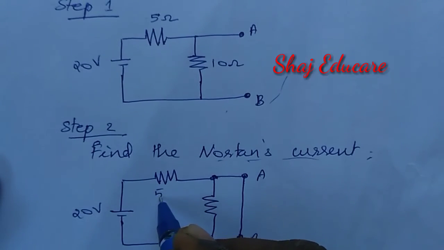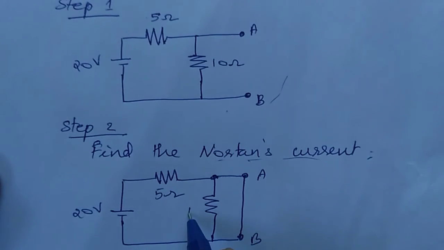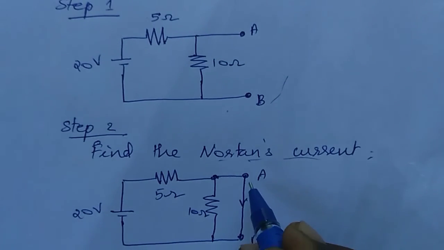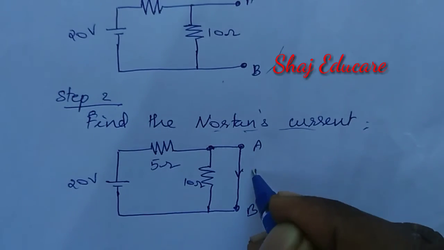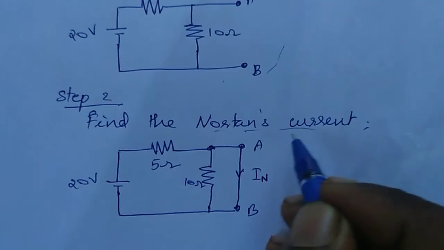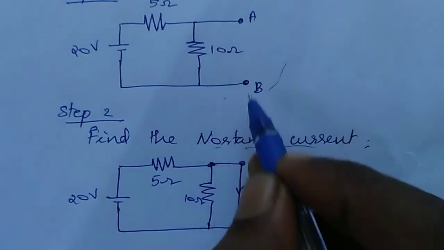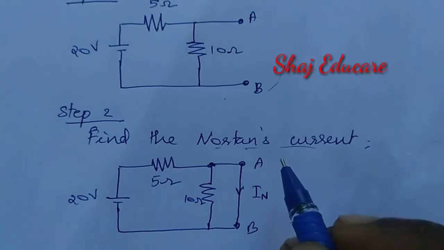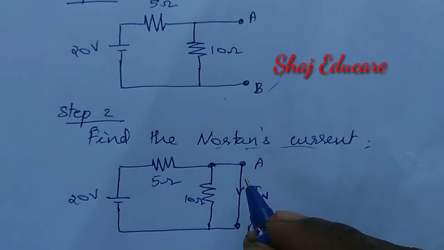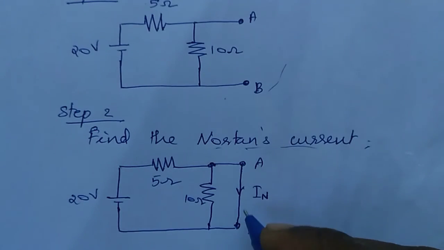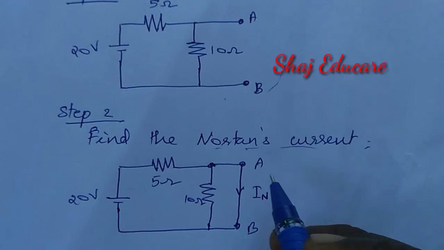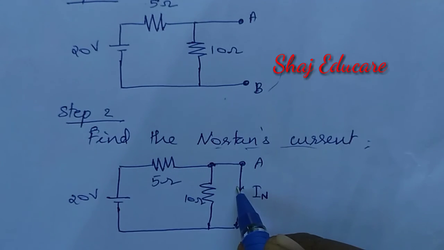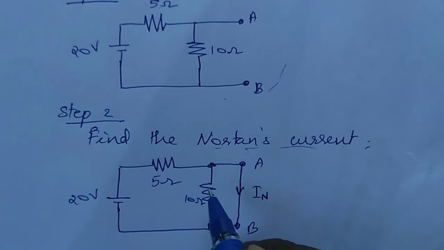This is a 5 ohm resistance and this one is a 10 ohm resistance, and the current flowing through this short circuit is known as Norton's current IN. If we short circuit A and B, the current flowing through these 2 points A and B is known as Norton's current. So now let us find the magnitude of the current IN.